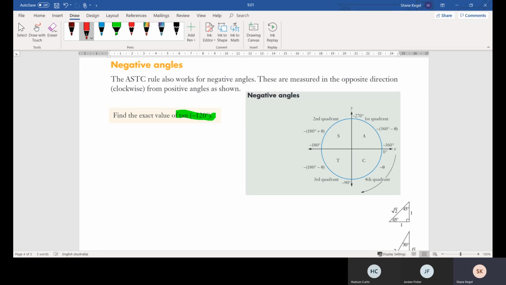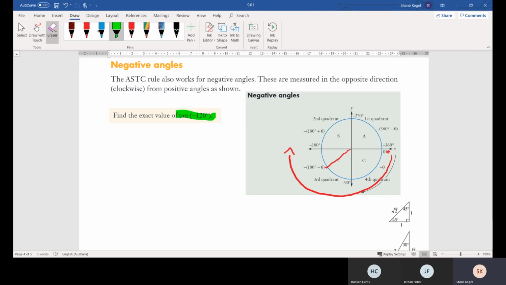So we start from the same point. We start at 0 being here, and we're traveling around in a clockwise direction this time. So 120 degrees would normally be, that's 90, about somewhere here. But because we're traveling in the negative direction, we're traveling around 90, and 120 would be down in our third quadrant.